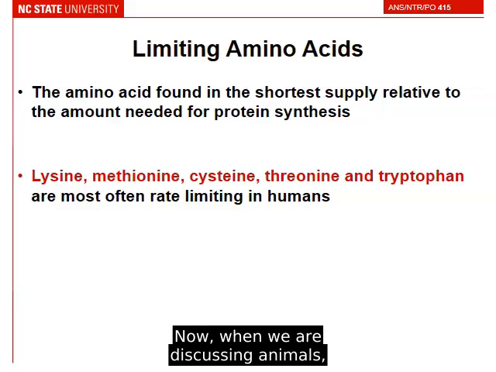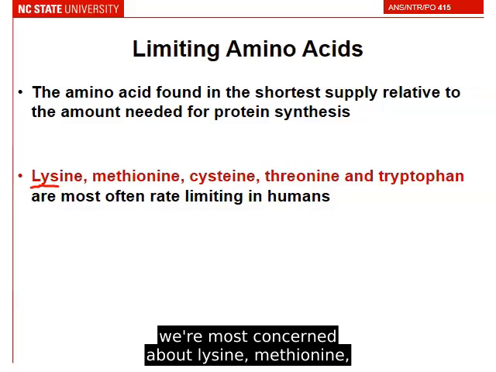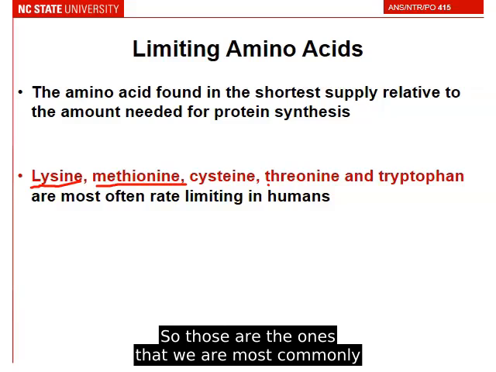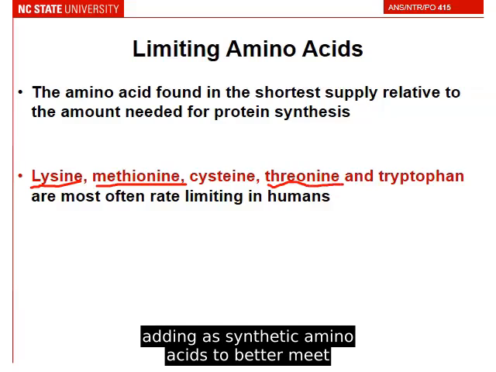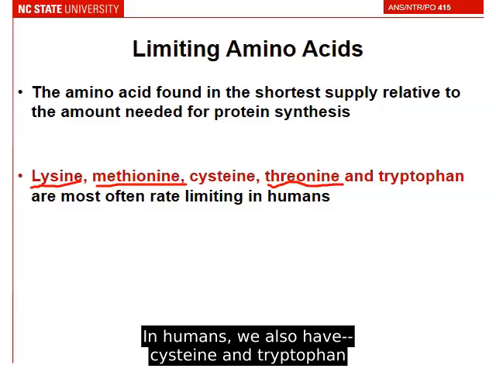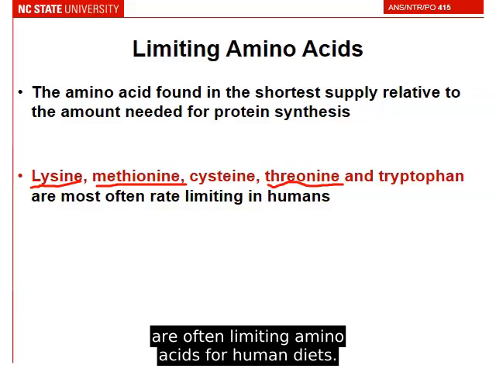When we are discussing animals, we're most concerned about lysine, methionine, and threonine. Those are the ones that we most commonly add as synthetic amino acids to better meet the animal's requirement. In humans, cysteine and tryptophan are also often limiting amino acids for human diets.